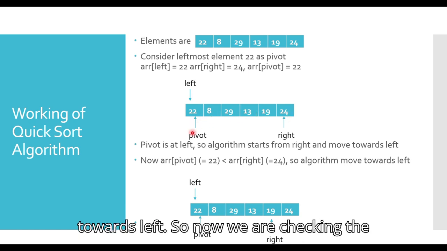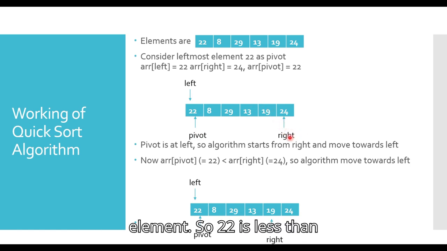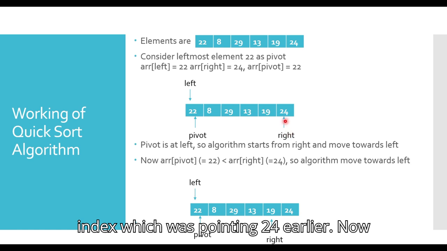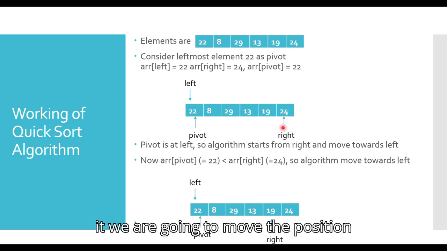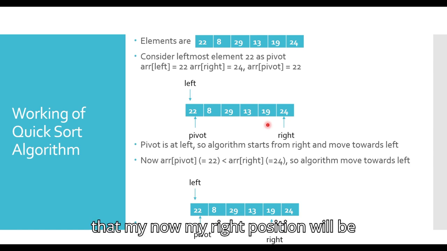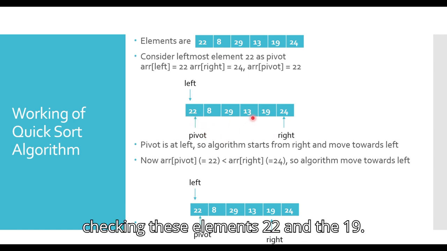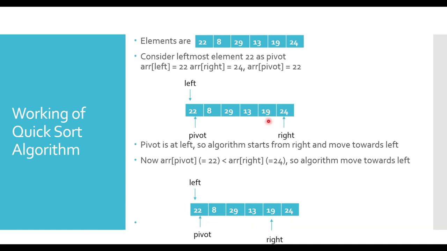So now we are checking the pivot element and the right element. 22 is less than 24, so the algorithm will move towards the left. The right index, which was pointing at 24 earlier, now moves to the left, so my right position will be 19, and we check the elements 22 and 19.